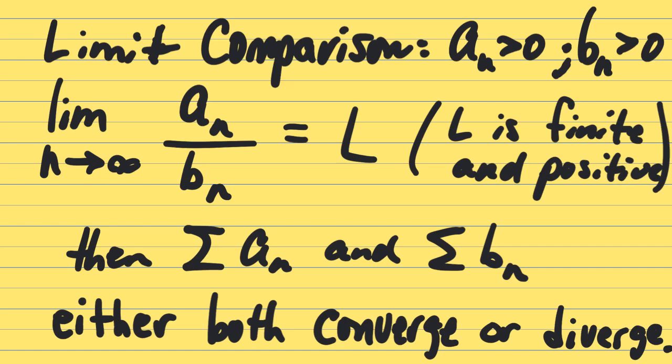If your limit comes out to a positive finite value, then either both, original and the one you create, will converge, or they will both diverge. So it's similar in that nature, where you have either both convergent or both divergent. You just have to be careful when you set this up.